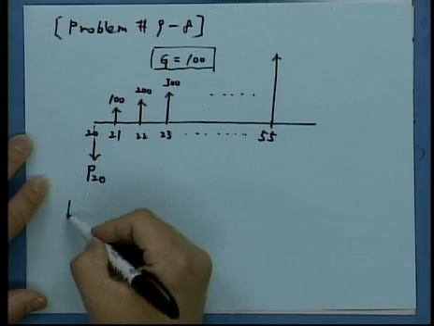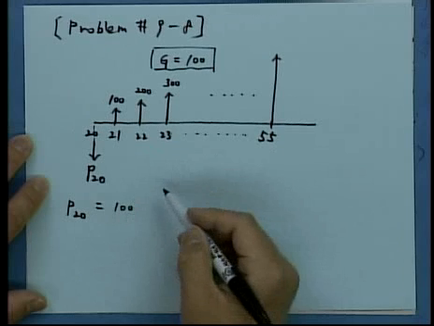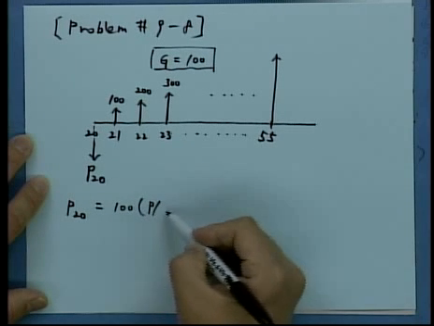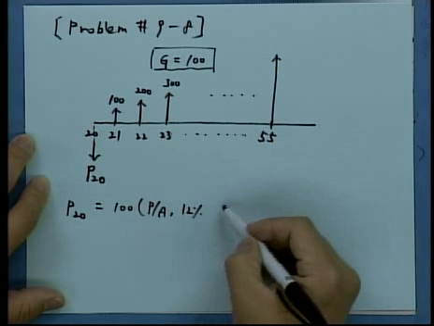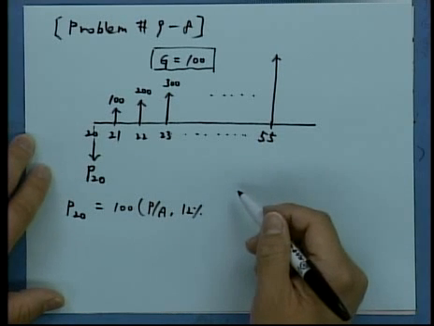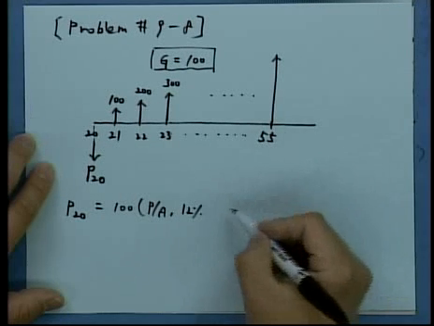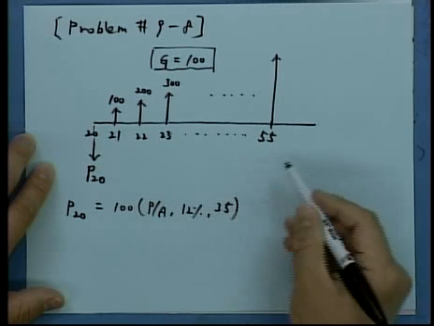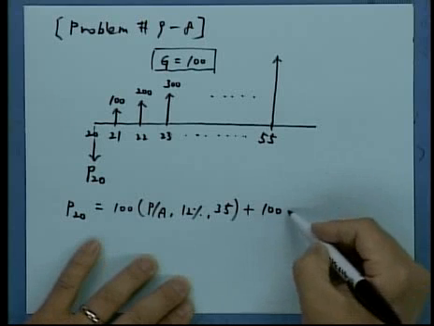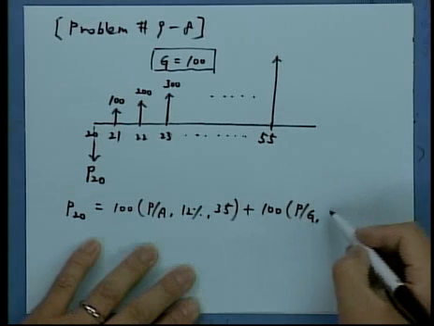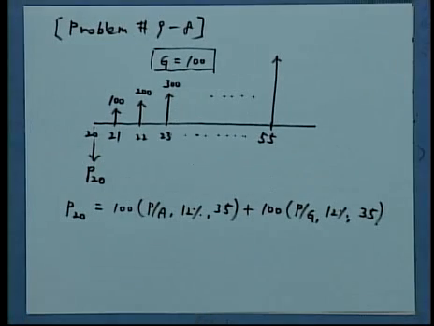It's going to be 100 times P given A, 12%, from 20 to 55, which is 35 periods, and 100 times P given G, 12% over 35 periods, right?